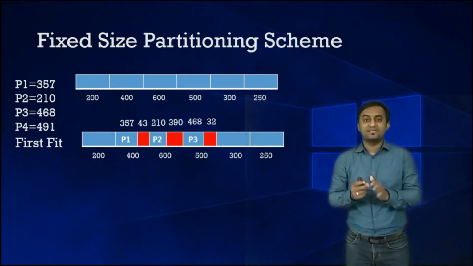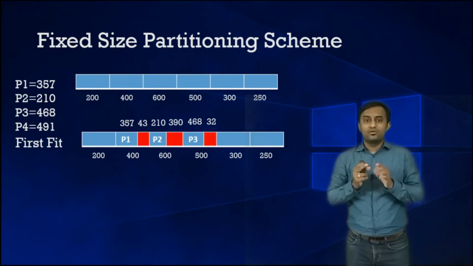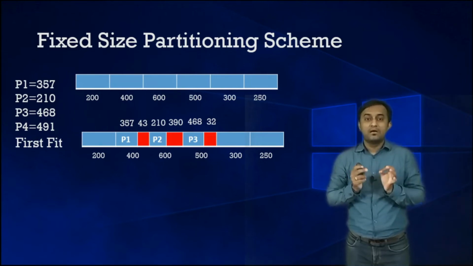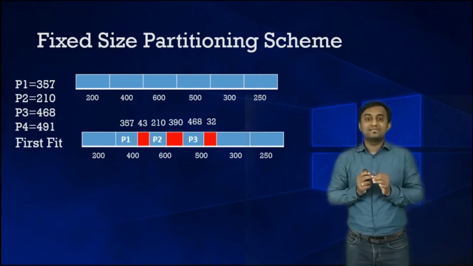So P3 would be assigned to that particular block. Now what is the remaining wasted space? 500 minus 468 is equal to 32. So 32 KB would be wasted in the fourth block of available memory. These red blocks are wasted space and the blue ones are available space.